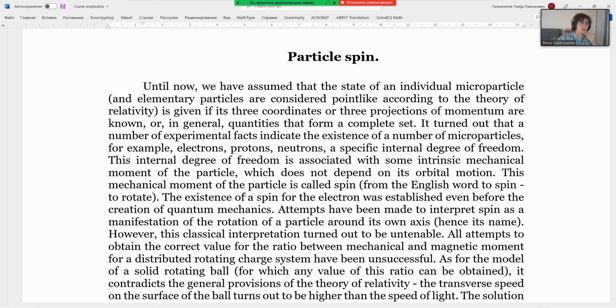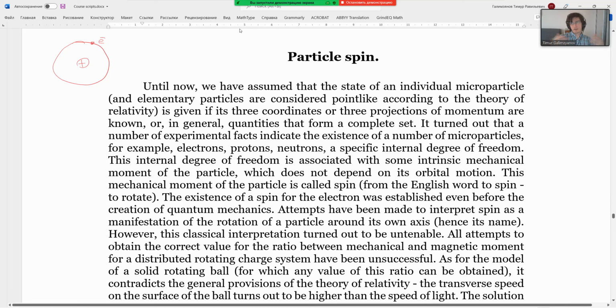One way is when a particle moves around some center, as in the hydrogen atom, where the electron moves around the positive nucleus, the proton, and this electron can have non-zero angular momentum.